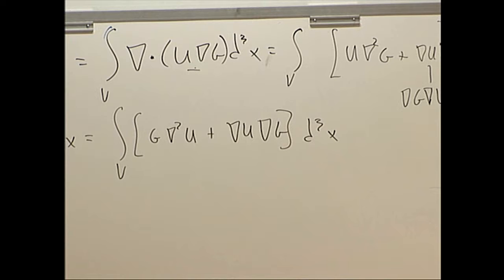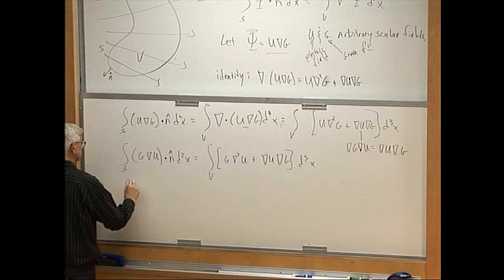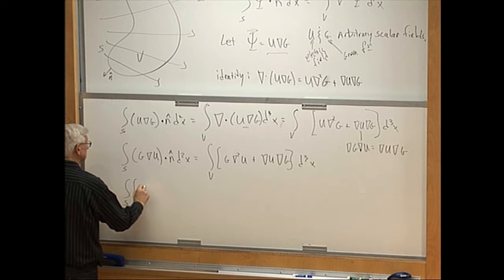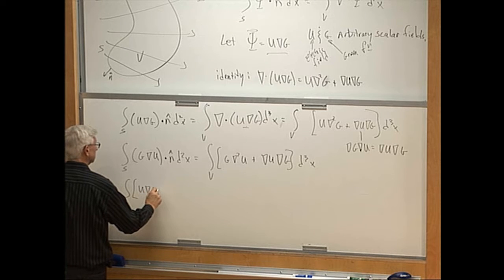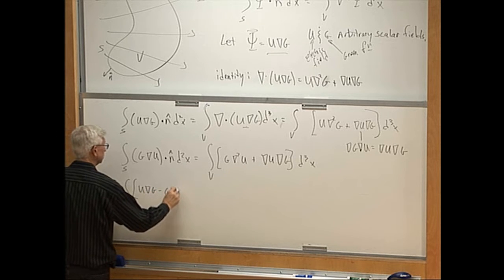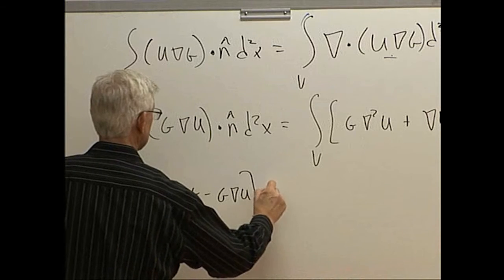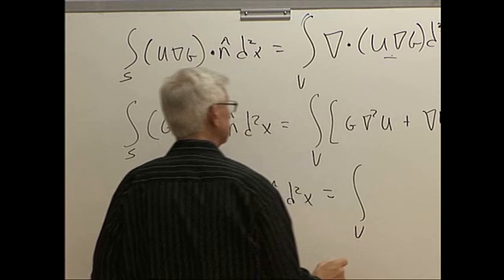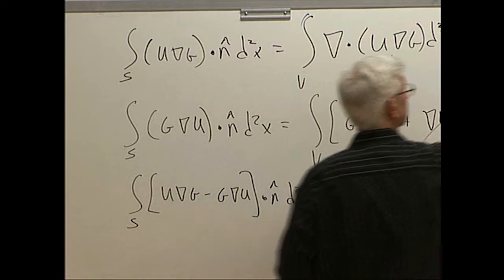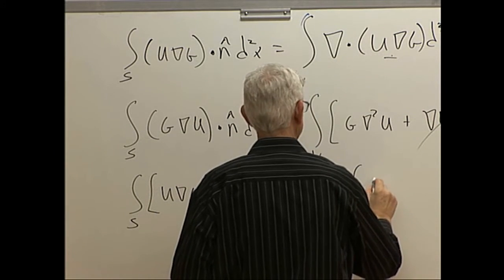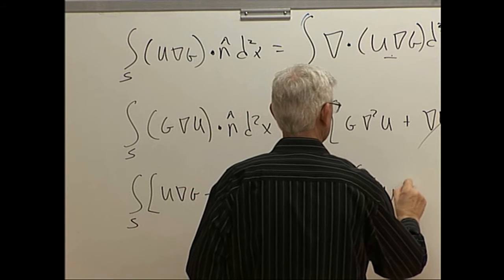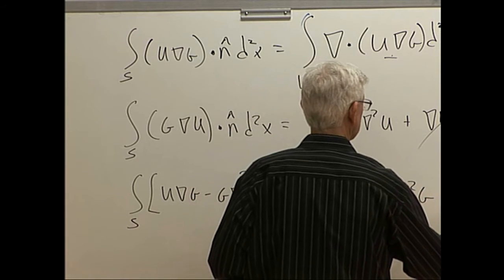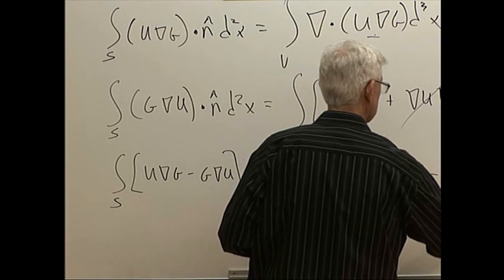Okay, and now we just subtract the two equations. Okay, so when we subtract the two equations, we have the integral over the surface of u del g minus g del u dot n hat d squared x is equal to the volume integral of, well, these guys cancel, u del squared g minus g del squared u.